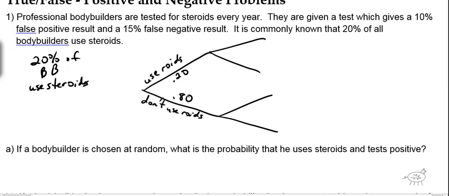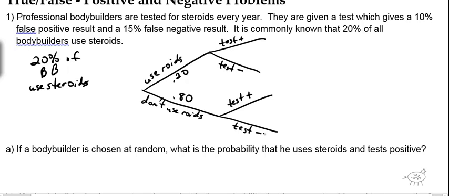Okay, and then you can either be tested positive, or you can be tested negative. Same thing with this one, tested. We'll put it on top here, keep it consistent. Tested positive or tested negative.